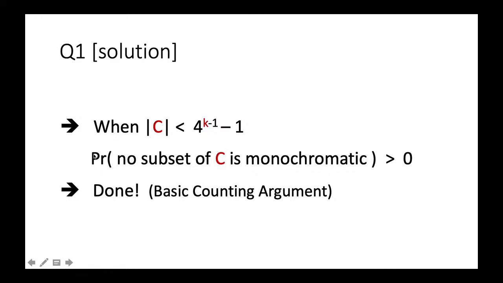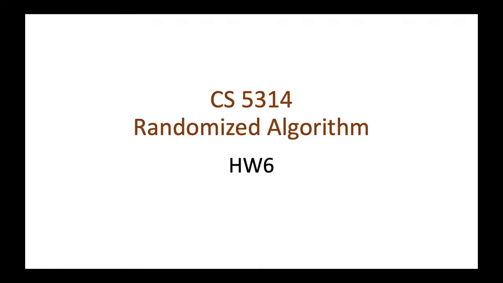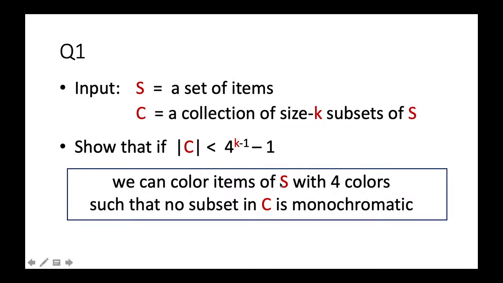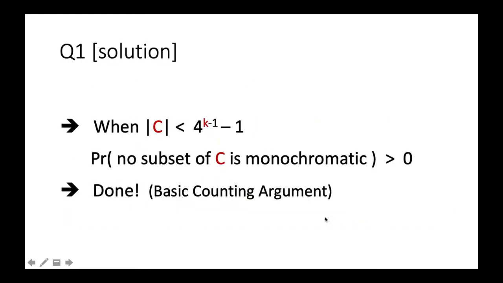In that case, the probability of the complement, that no subset of C is monochromatic, will be strictly greater than 0. Strictly greater than 0 means that this event must occur. Although it could occur with very small chance, we don't care. As long as it occurs, this gives us the existence result. So we are done, and we have proved the original claim: we can color the items of S such that no subset in C is monochromatic. Okay? Good. So this is question number 1.